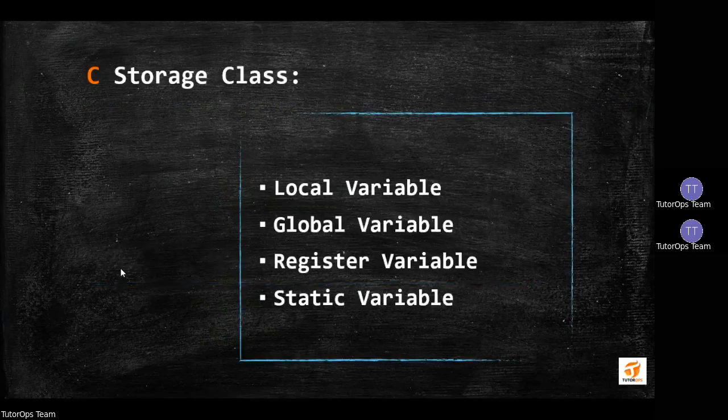A local variable is a variable we define inside a function. If we declare one outside of the function, then it's known as a global variable. A register variable is a variable inside a function whose value is stored in a register.